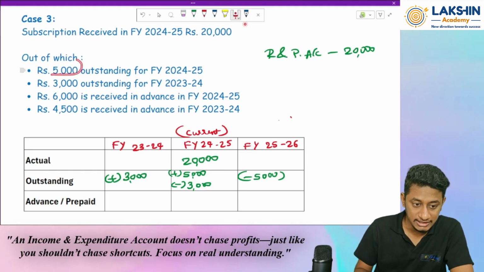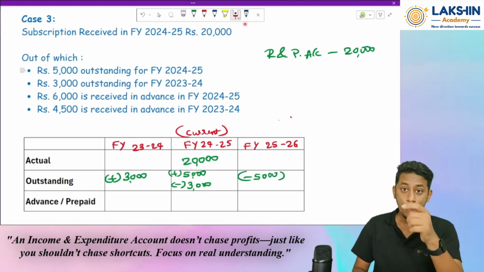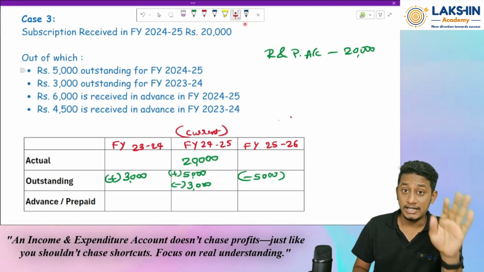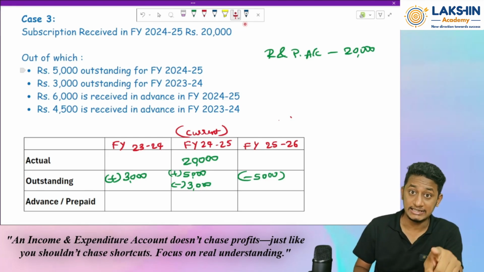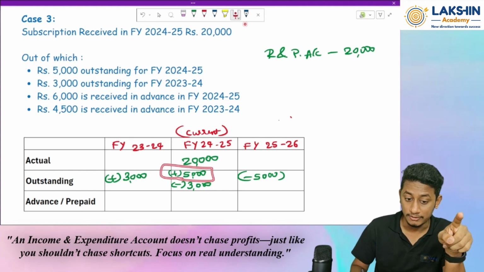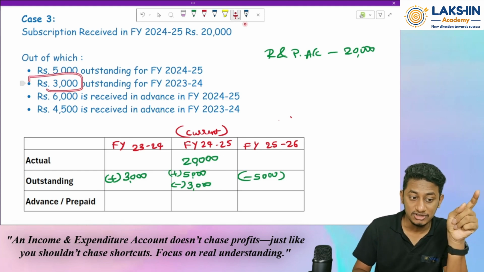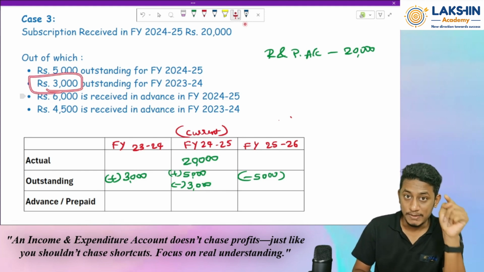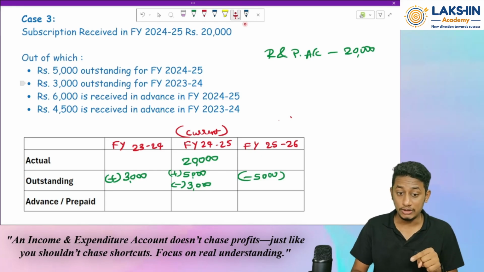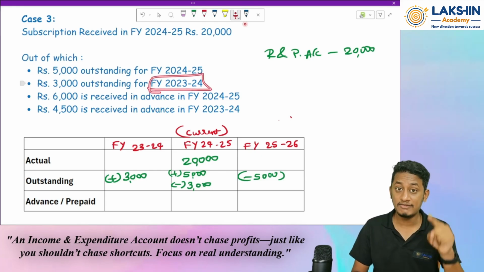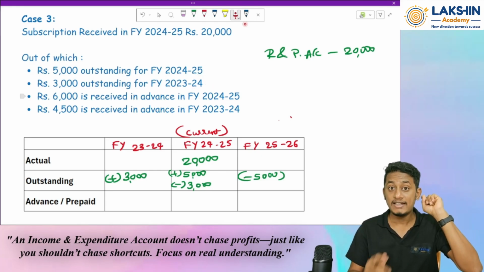In this example, 5,000 rupees was outstanding for this year. Is it received? No. But was it belonging to this year? Yes. So because of this, I have added it over here. Then coming to rupees 3,000. Is it belonging to this year? No, sir. It was belonging to financial year 23-24, my previous year. When is it received? In this year.